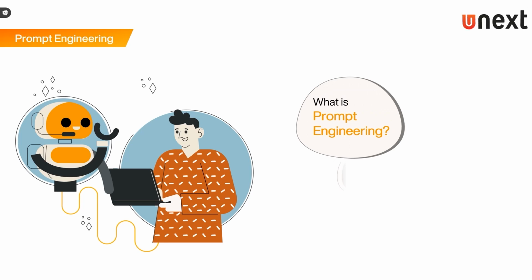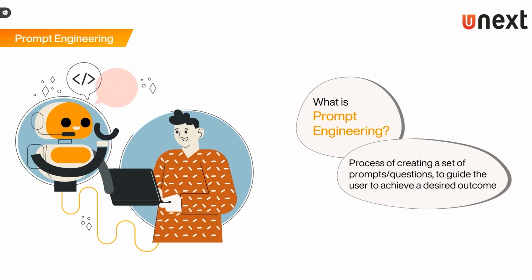Prompt engineering is a process of carefully crafting a set of prompts or input queries that are used to guide the user towards a desired outcome. This technique is commonly used with large pre-trained language models where the model is fine-tuned or guided by providing specific instructions through prompts.